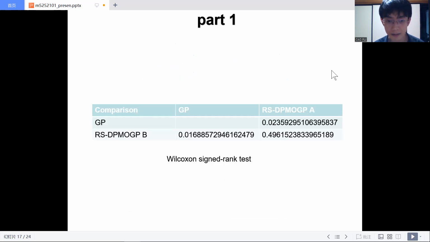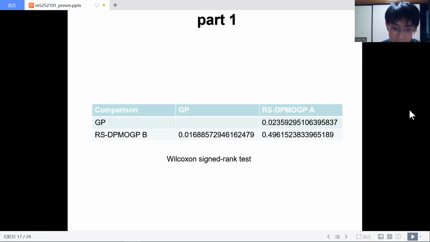And it is a Wilcoxon signed rank test, which is a significant difference test. In principle, if this number is smaller than 0.05, we consider the data has a significant difference.